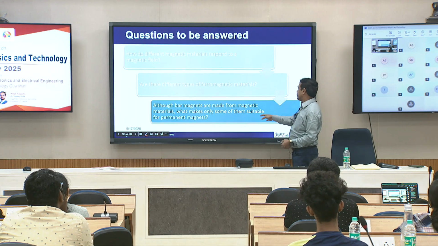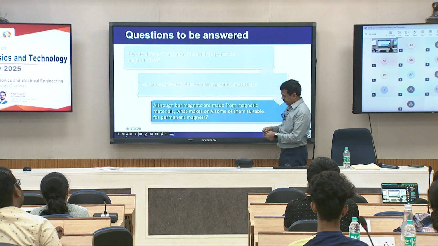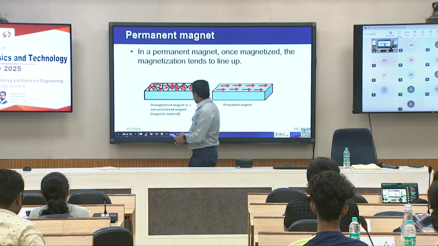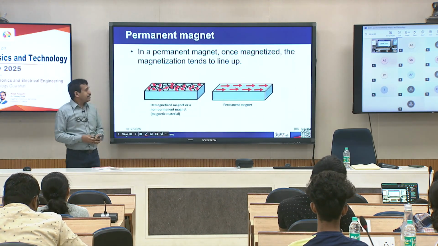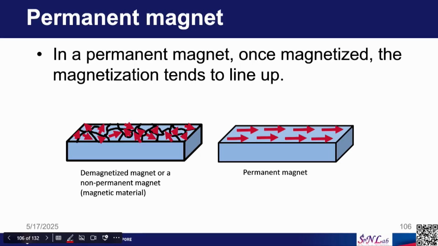Okay, let us say I have neodymium iron boron in my lab. Say I do some mixing and do all the processes to make it a neodymium iron boron magnet.